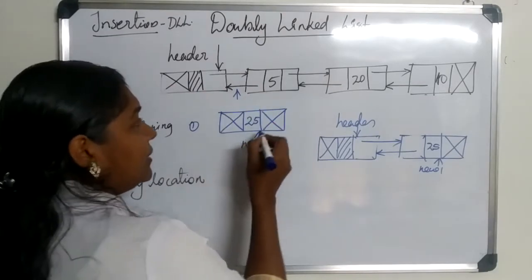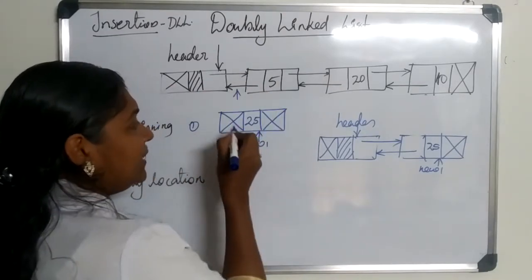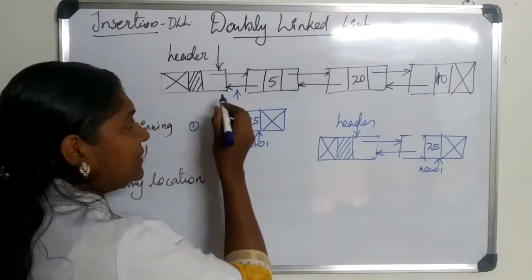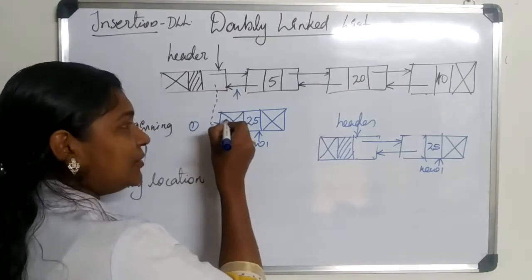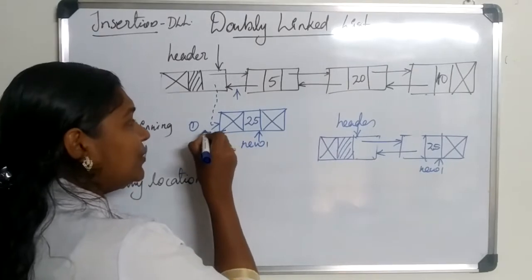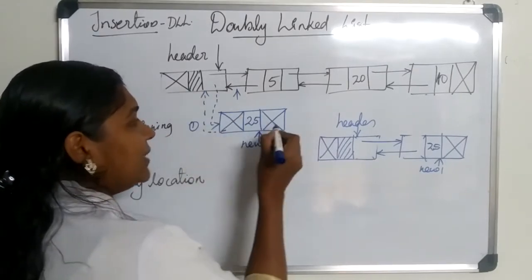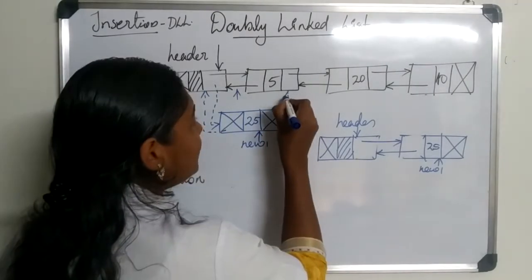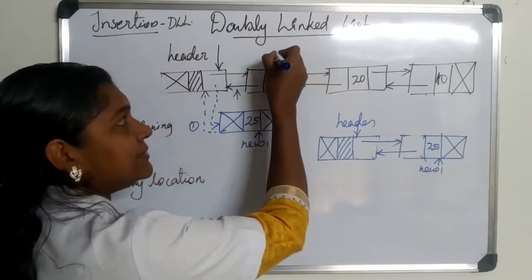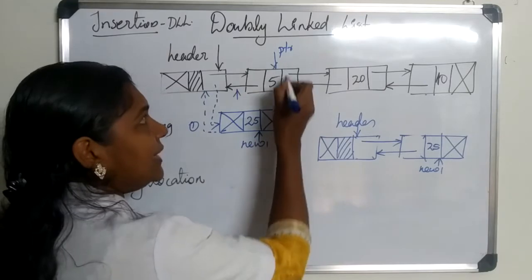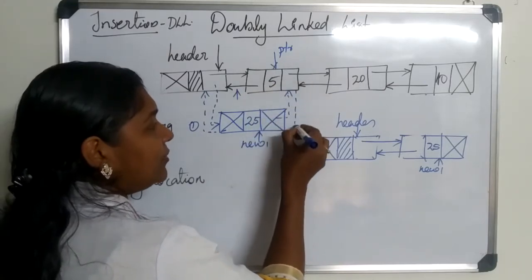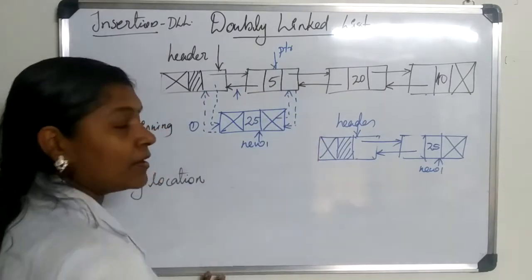So at insert at beginning, we would be inserting our new node here. We need to manage the next link to the new one, then new.previous to header, then new.next to this node. Let's give some name to this node, say PTR. So new.next to PTR and PTR.previous to new one.